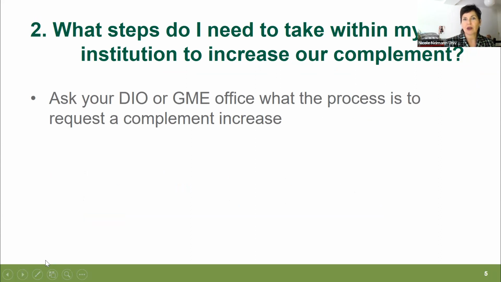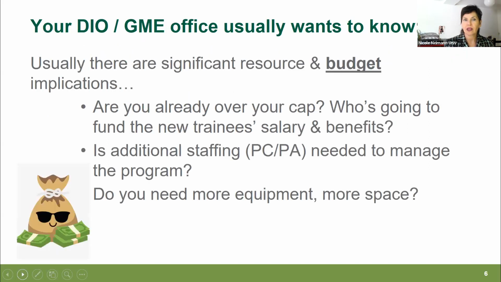So what steps do I need to take within my institution to increase our complement? You really always need to start with asking your DIO or GME office, what is the process? How do we go about requesting a complement increase? Because there are budgetary implications, they almost always want you to do some kind of official process to request a complement increase.